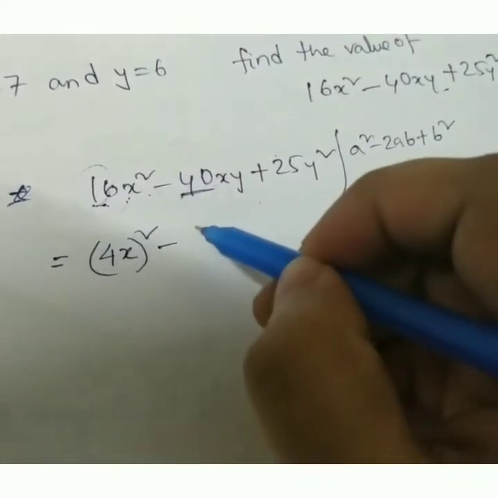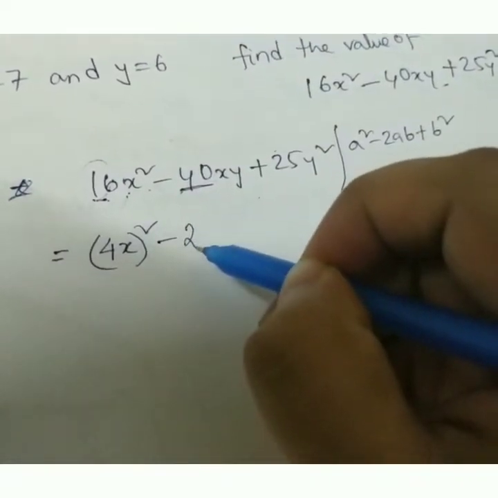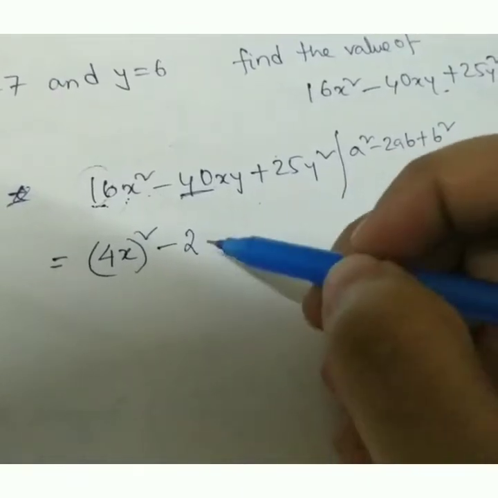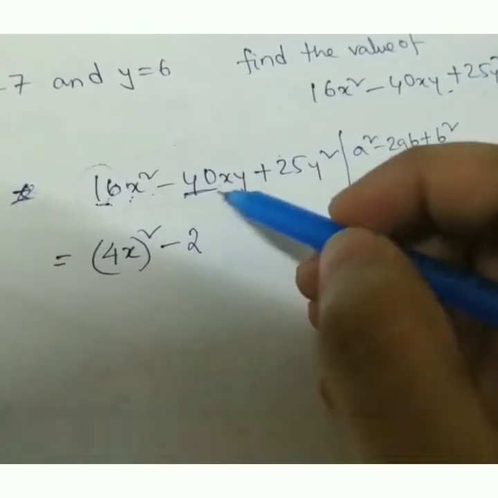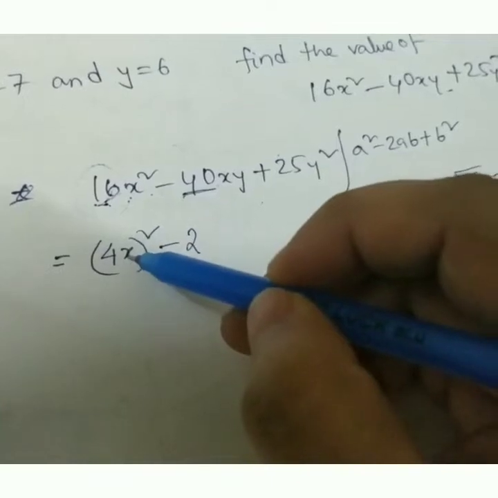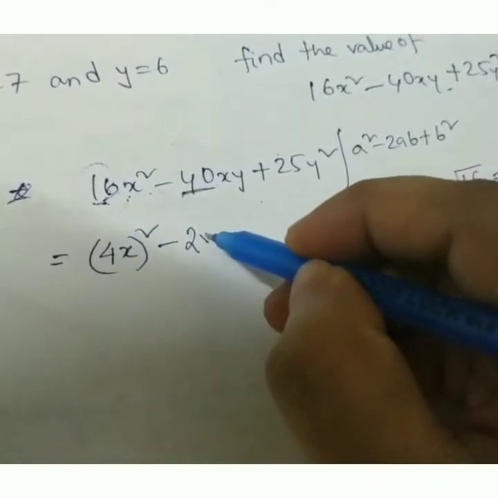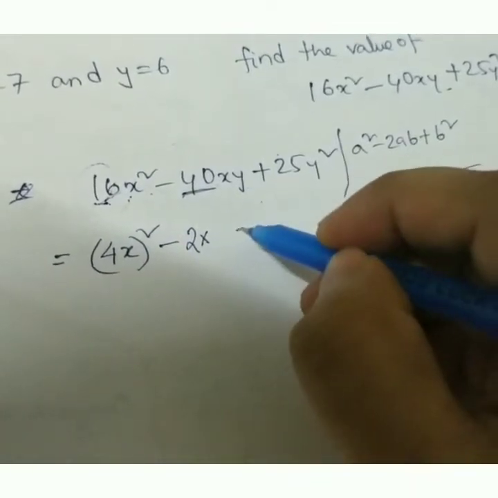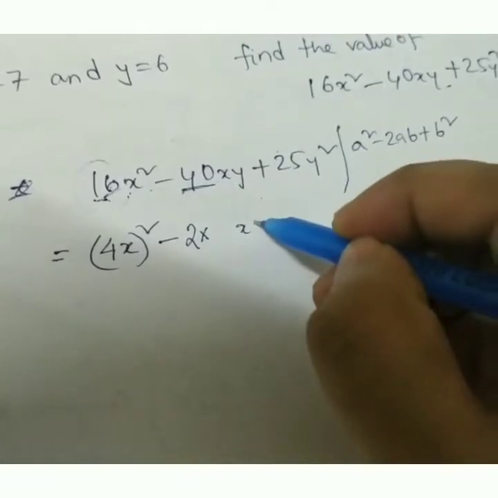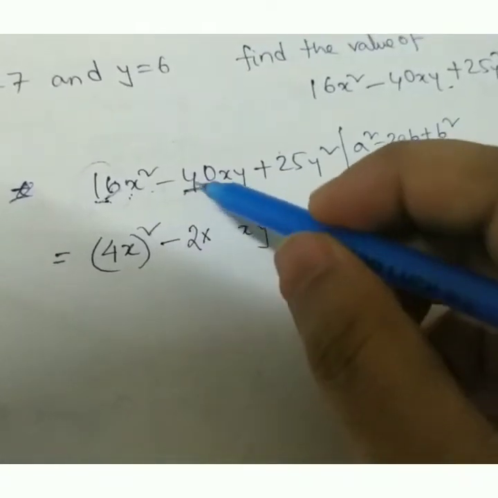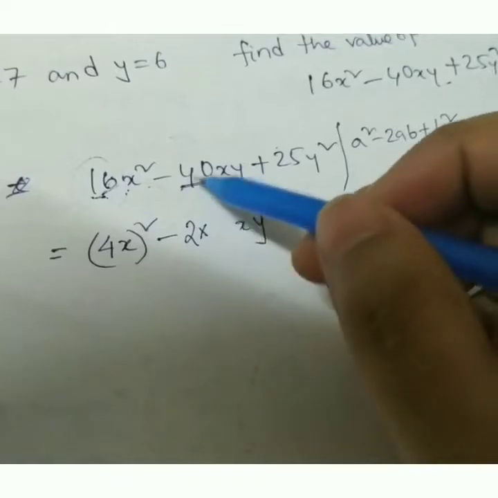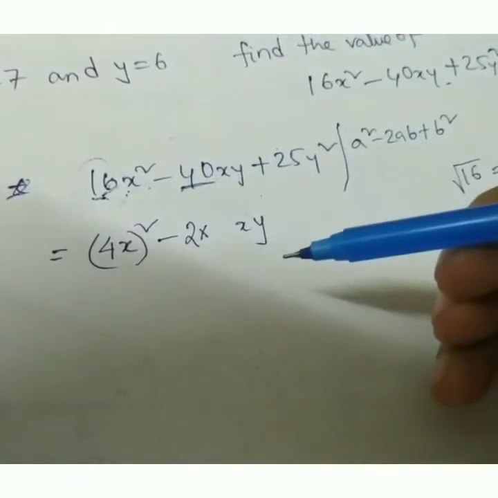So I need to put 2 anyhow. After 2, what shall I put? Very interesting. You see, x is already here, so we can put x, and y is already here, so we can put y. But what do we need to put so that we can get 40 over here?